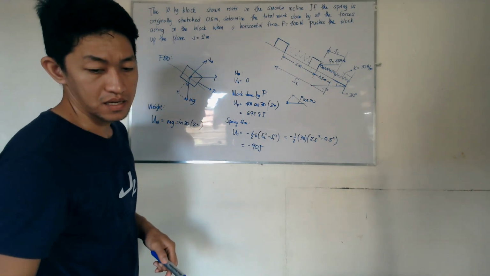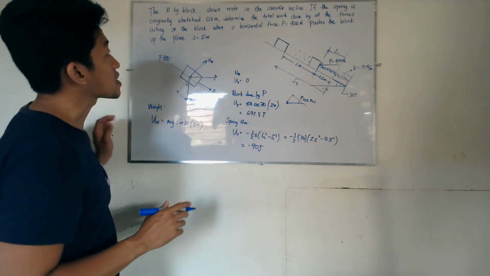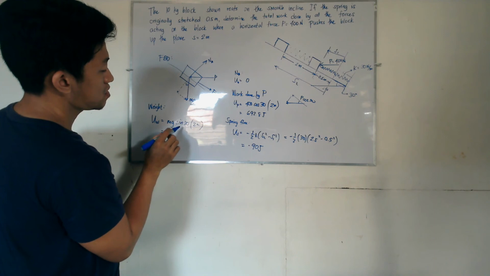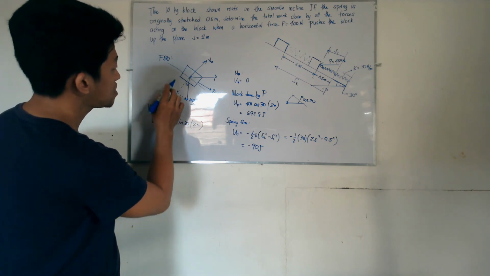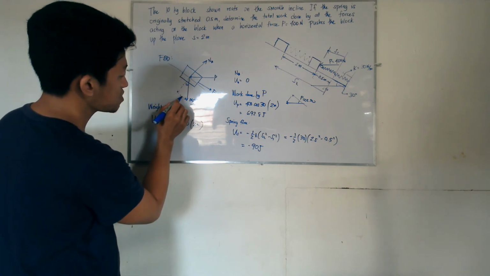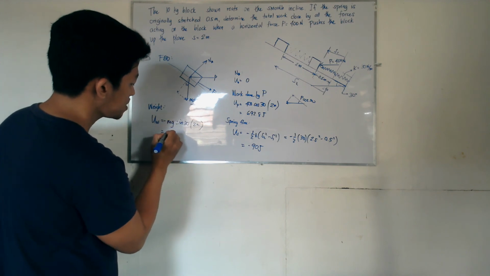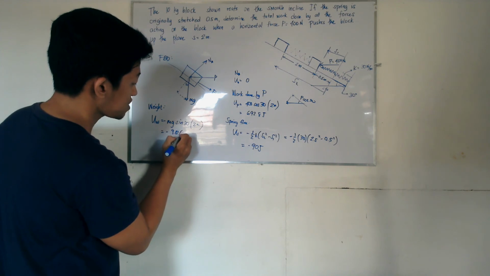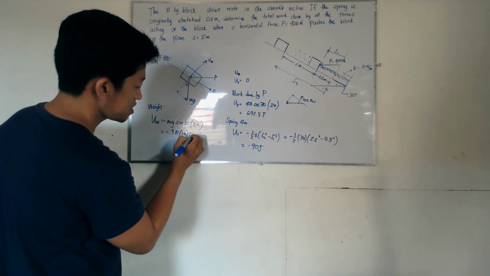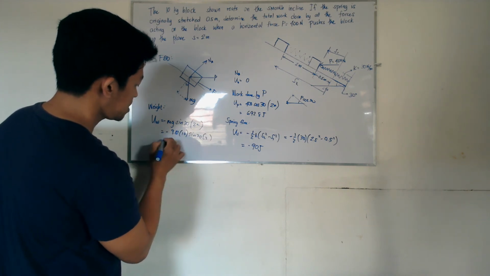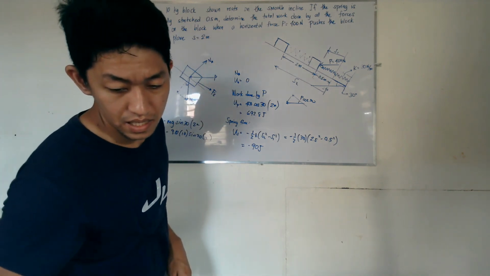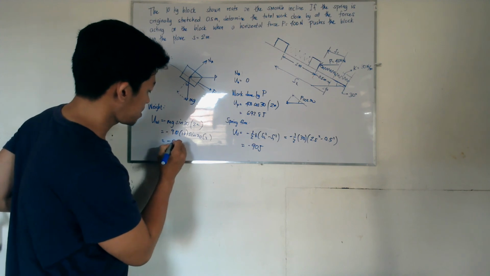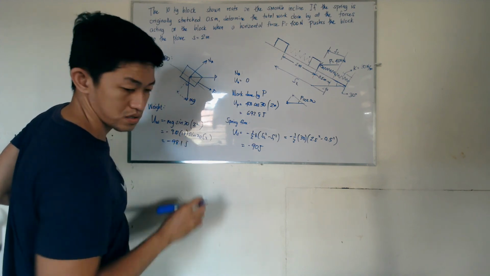Right? Again, its direction is opposite to the motion, so it is negative. So you have negative 9.81 times 10 sine 30 times 2. The answer would be negative 98.1 joule.